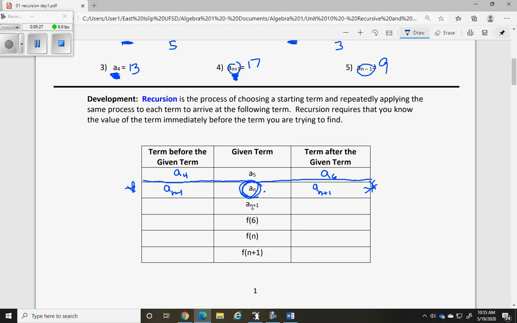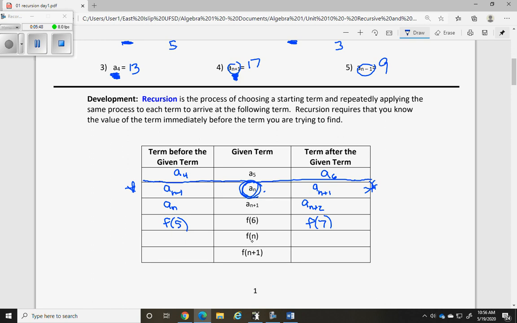So if I continue here, the one that comes after a sub n plus 1 must be a sub n plus 2. And the one that comes before a sub n plus 1 must just be the a sub n. If we're talking about function notation, f of 6, the one before is f of 5, and the one after is f of 7.